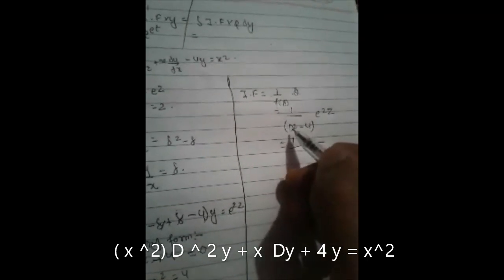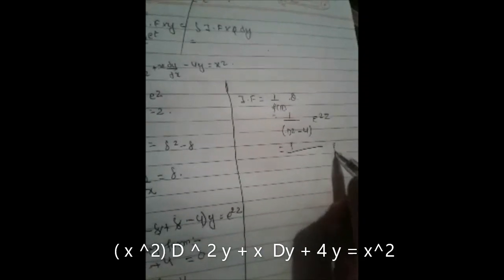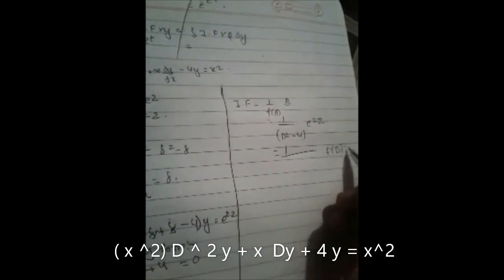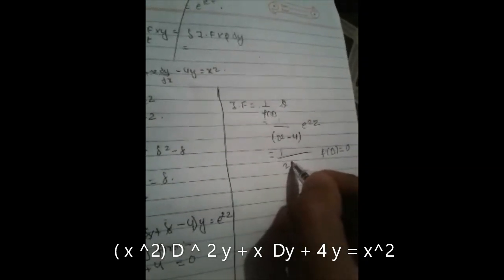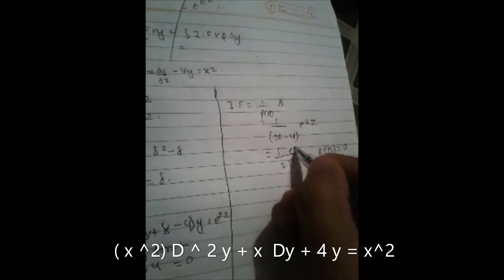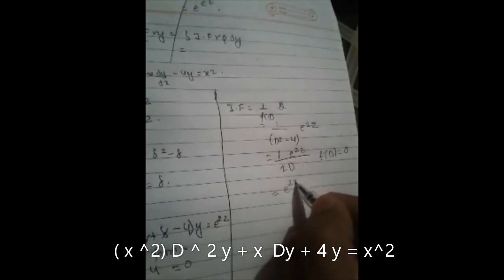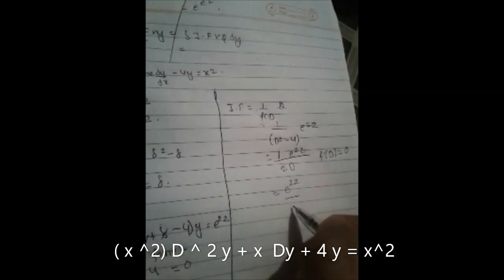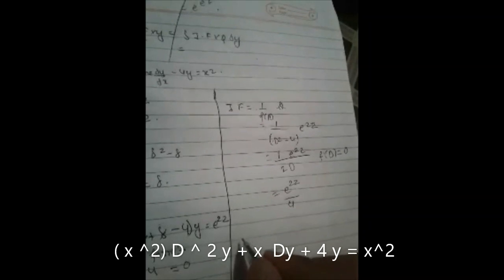If we put 2 here, then it becomes 0, since f(D) is equal to 0. So we differentiate the denominator, and we put the value: e to the power 2z upon 4. This is our IF.